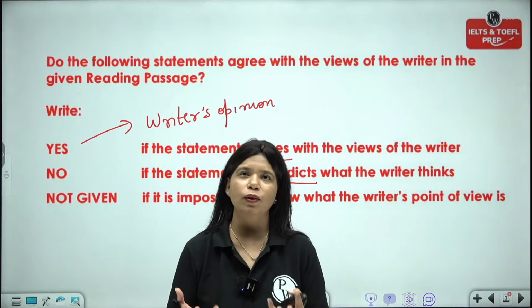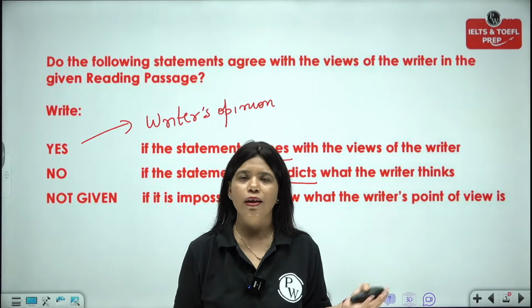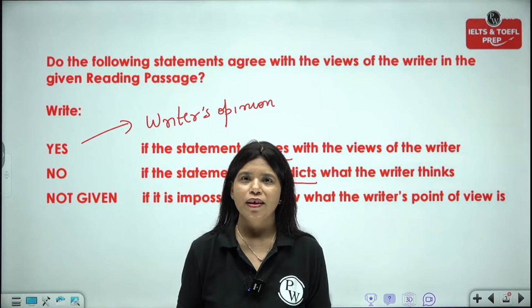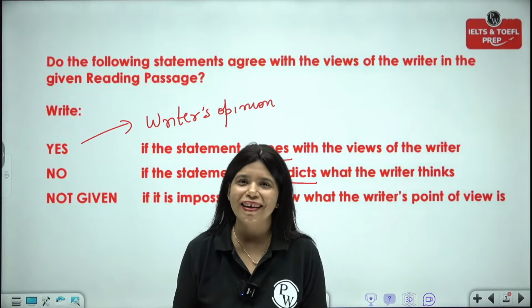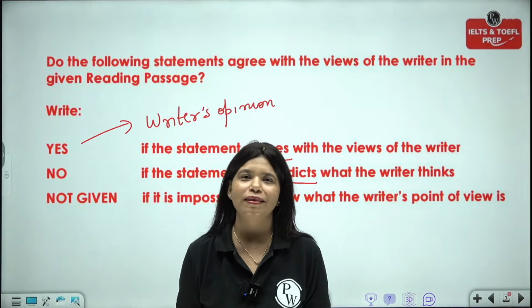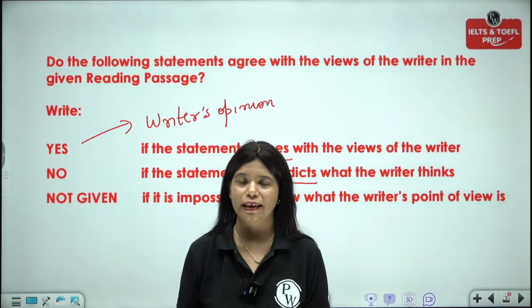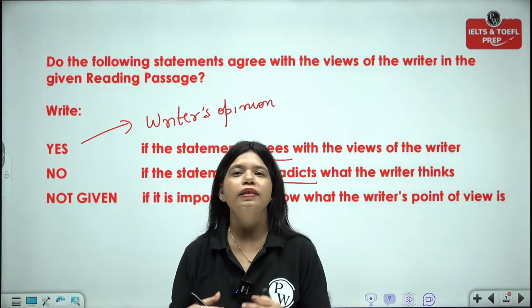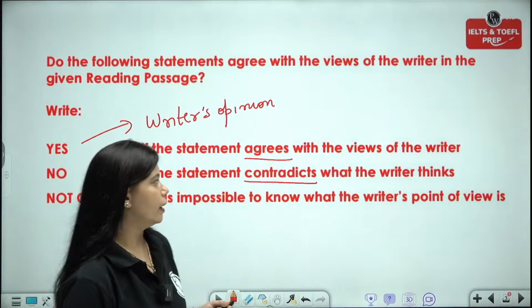For example, if the question says go in right direction, but the text is just not talking about any direction, then in that case, we do not know which direction to go according to the text. And that is why the answer in that case becomes not given. Let's understand a bit more in detail.